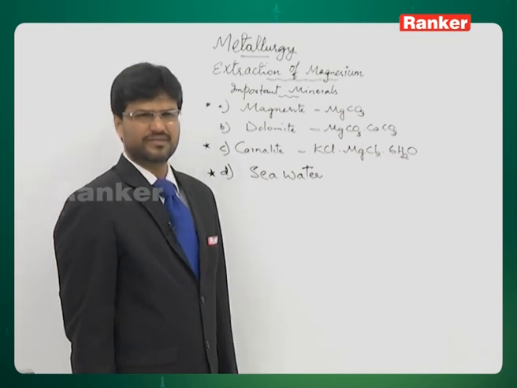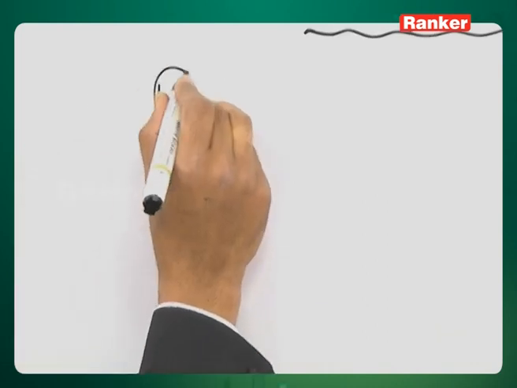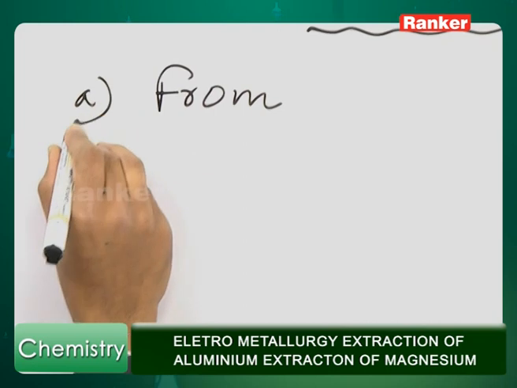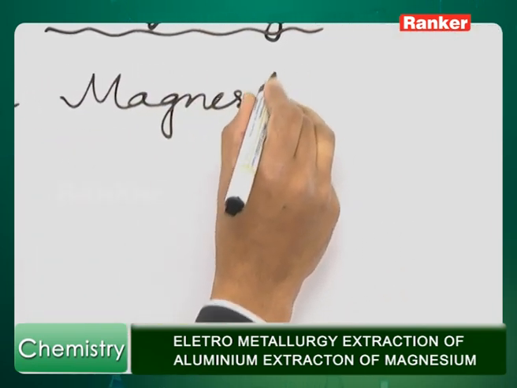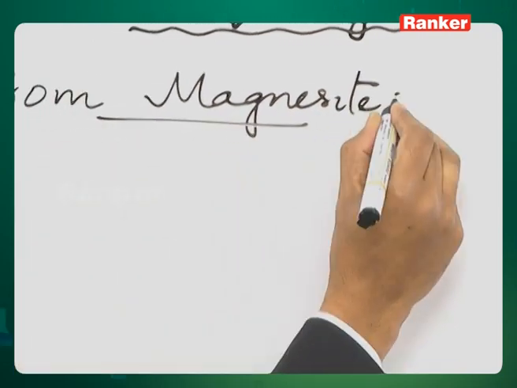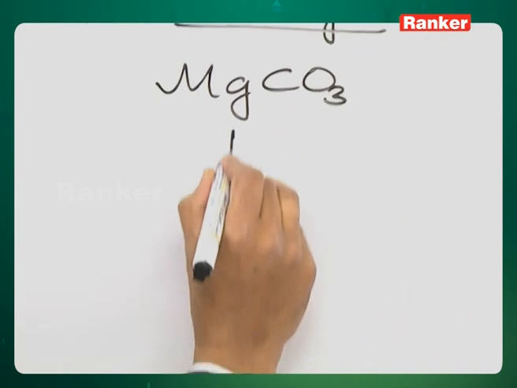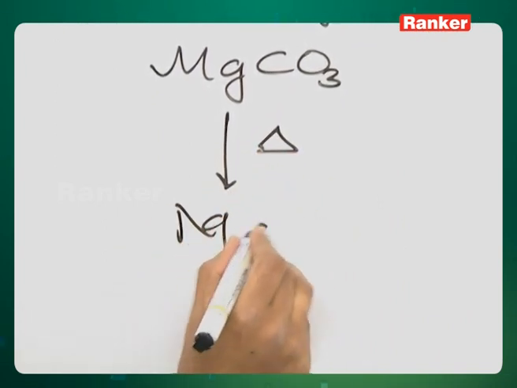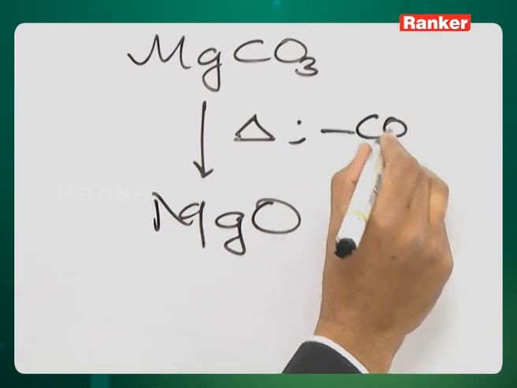Let us see how magnesium is extracted from these sources. A, from magnesite. Magnesite is MgCO3. MgCO3 is heated, it decomposes to give magnesium oxide. Carbon dioxide escapes out.